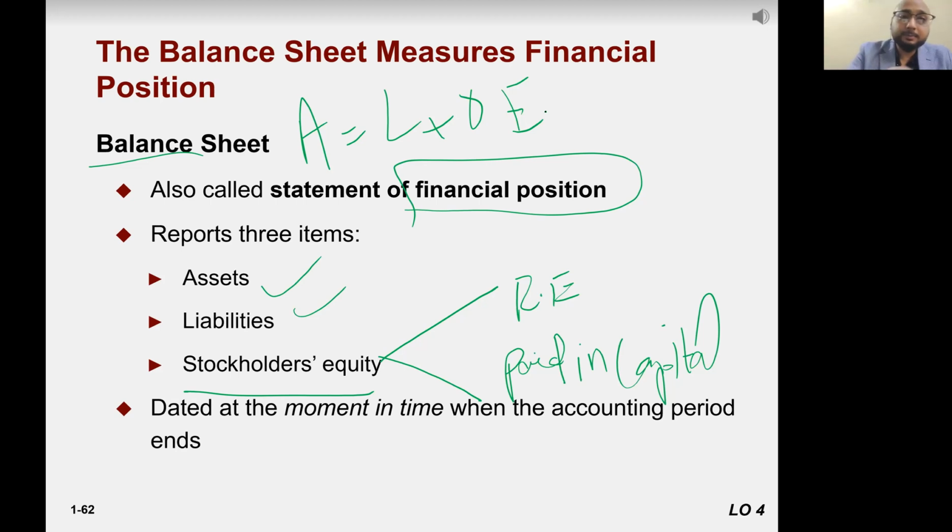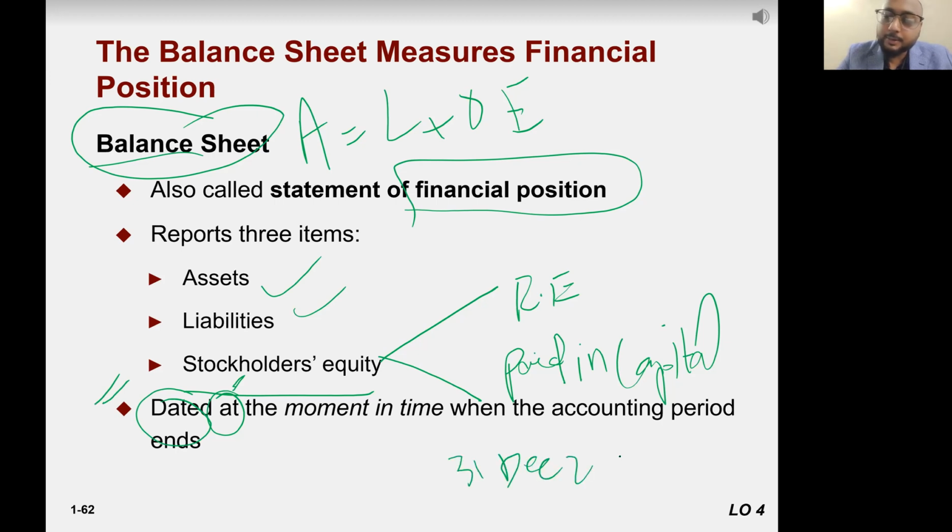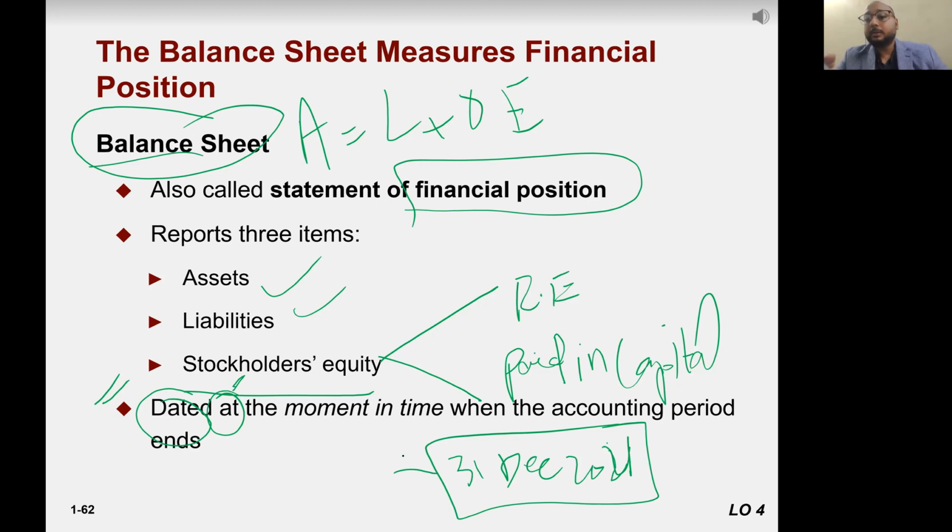So remember, this balance sheet is dated at a specific day, as I circled in the previous slides, the amount at a specific date. So if it is 31st December 2021, the balance sheet means the position of the company on that specific date.